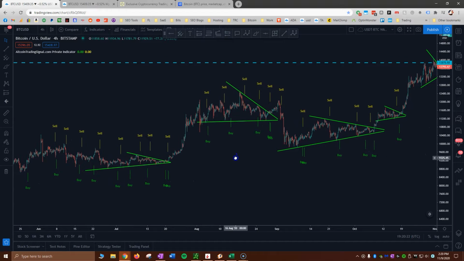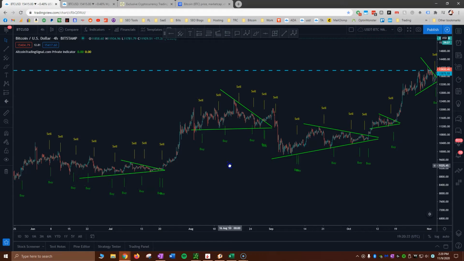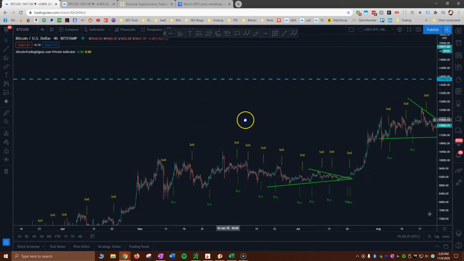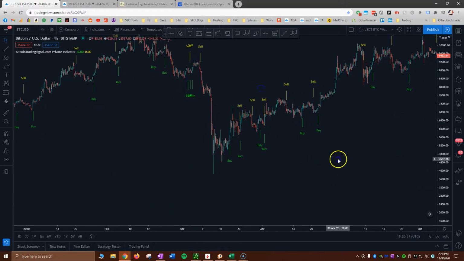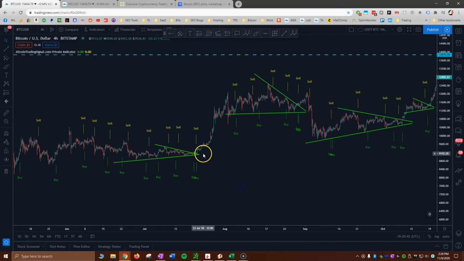What I've noticed recently during this recent uptrend is a lot more money coming into Bitcoin, and that brings back more traditional technical analysis measures that you could do. Because if you look back, there's not really proper formations to create these triangles.